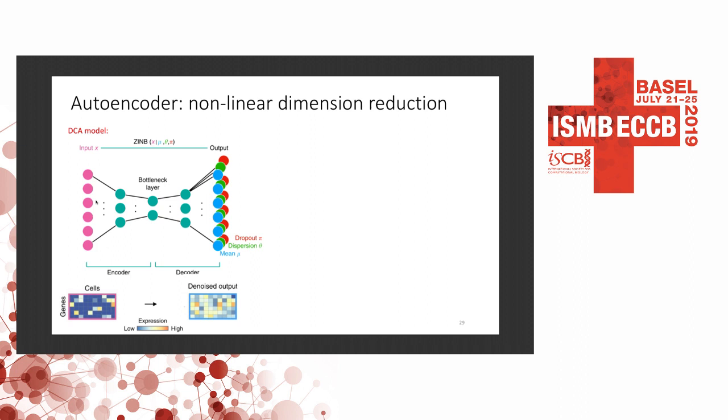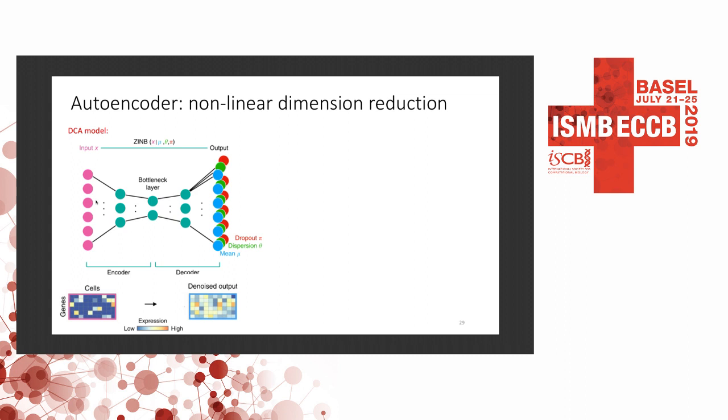I think the paper that best describes how an autoencoder is used in single-cell sequencing is the DCA model. This is what they show. The autoencoder is a nonlinear dimension reduction.